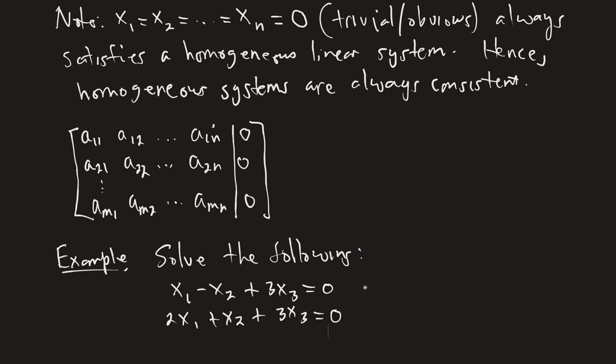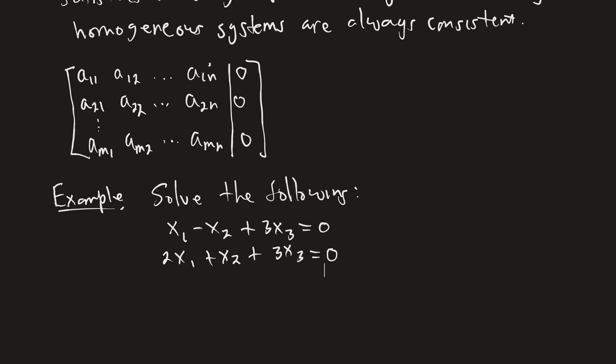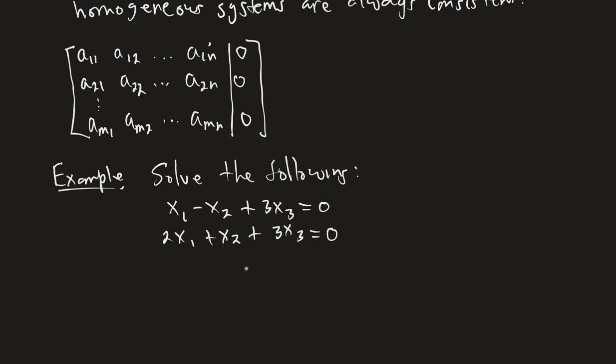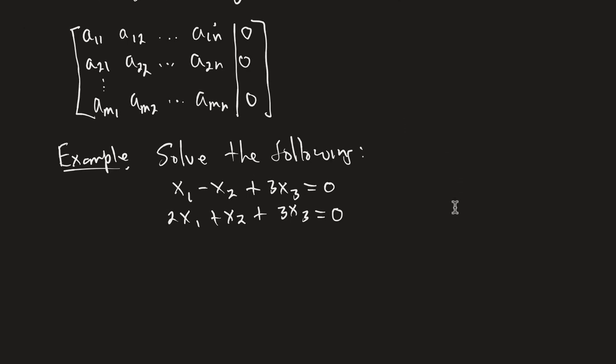And we know for homogeneous systems that we have at least one solution, and the question is, do we have more?